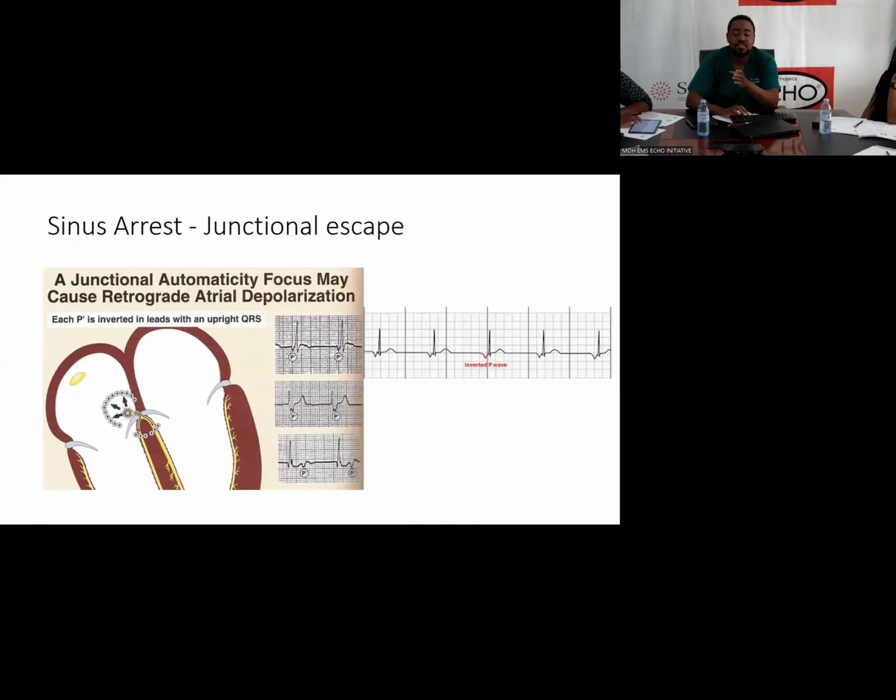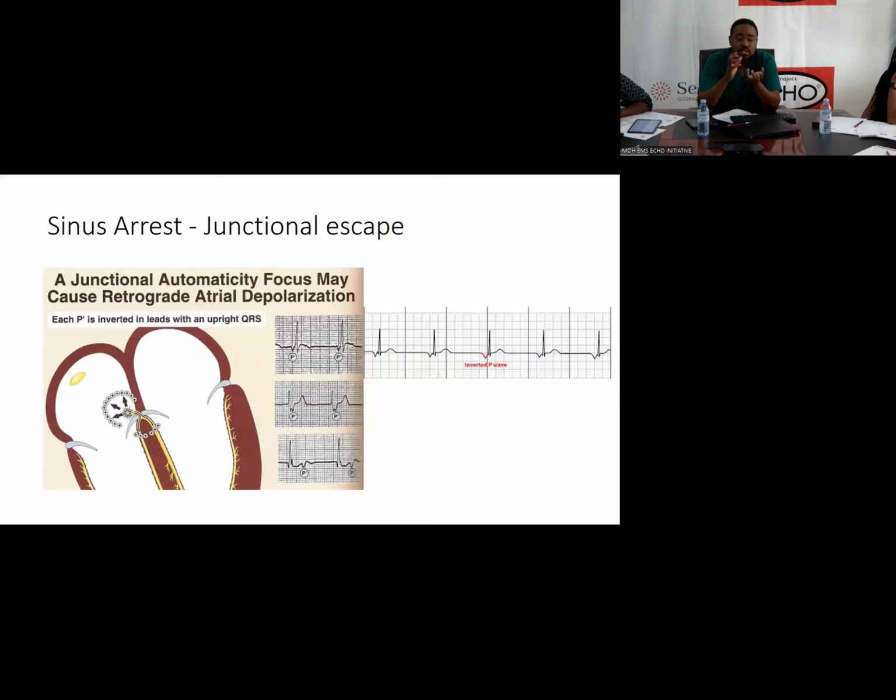Then there's a scenario where the sinoatrial node can completely go out of action. If that happens, then any part along the conduction pathway takes over the generation of electrical impulses. That can happen anywhere from the AV node, from the atria, from the internodal fibers, from the bundle branches, or from within the ventricles themselves.